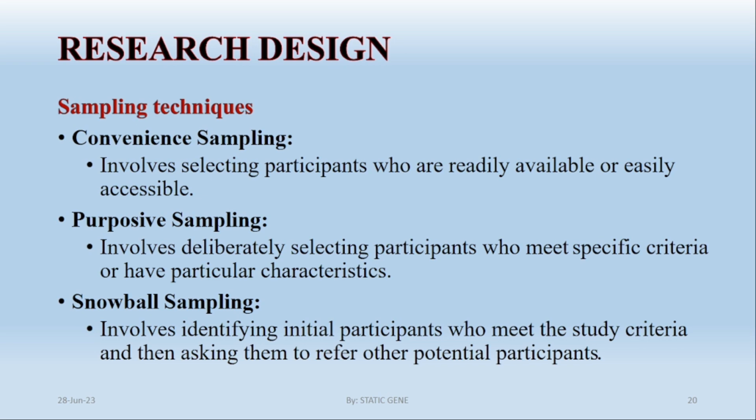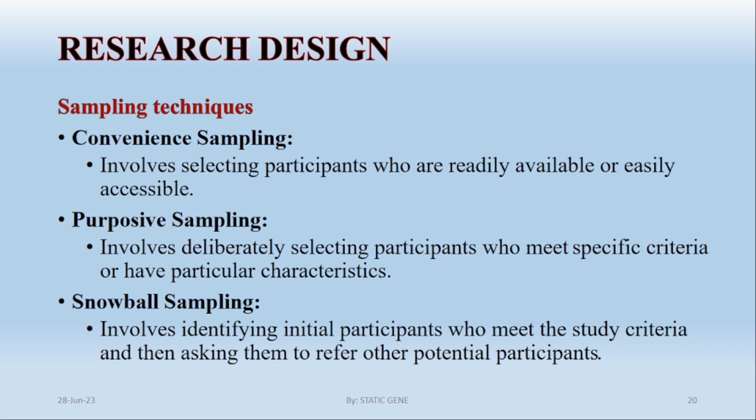Then we have purposive sampling. Purposive, from the word purpose. This is where you deliberately select participants who meet specific criteria as per your study. So let's say you want to do a study on domestic violence amongst HIV patients. It is ideal that you look for HIV patients first. Then you can assess domestic violence amongst them.